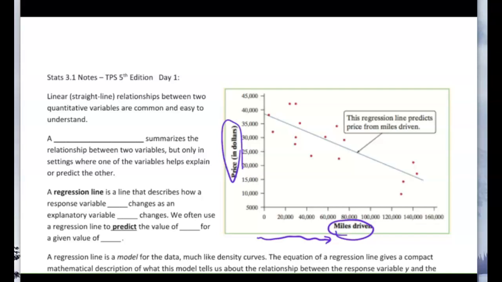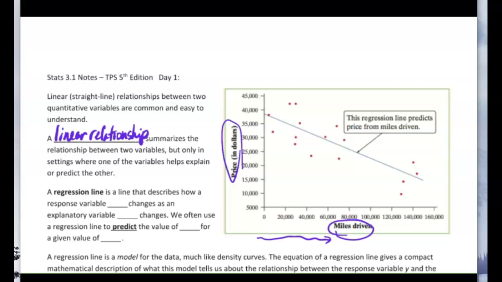So a linear relationship is a straight line between two quantitative variables, and they're pretty easy. Okay, so a linear relationship summarizes the relationship between those two variables, but only in settings where one of the variables helps to explain or predict the other.